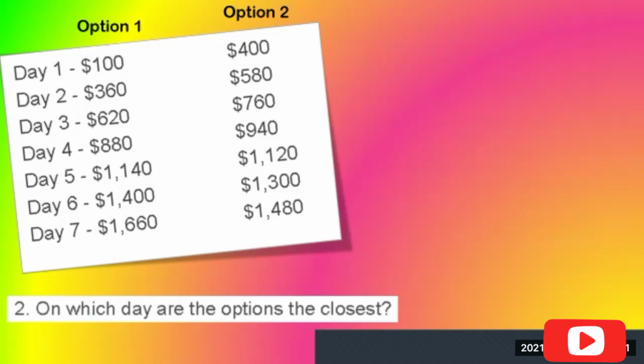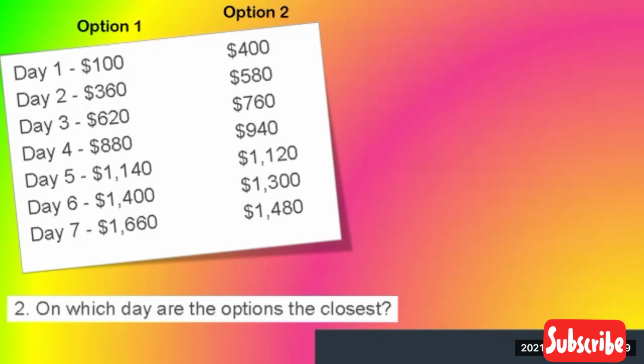Option 2 is quite similar. So we received our $400 on day 1, and each day we receive $180 more. So if we add our $180 to this $400, we will have a total of $580 on day 2. And if we add $180 again to this $580 on day 2, on day 3, we will have $760.